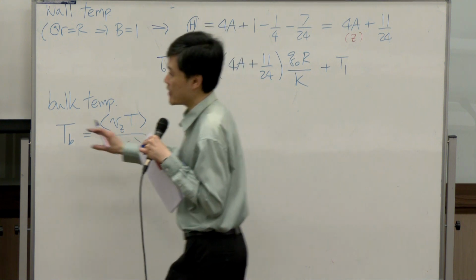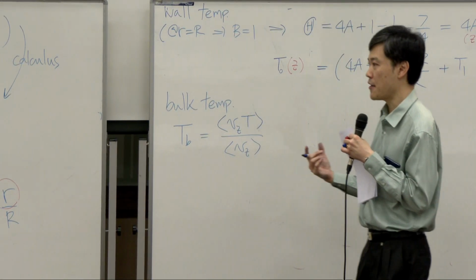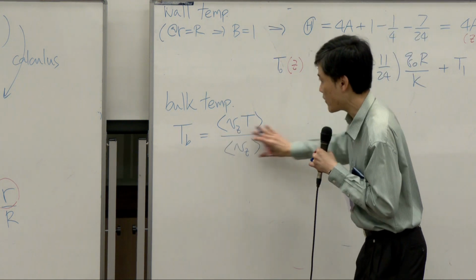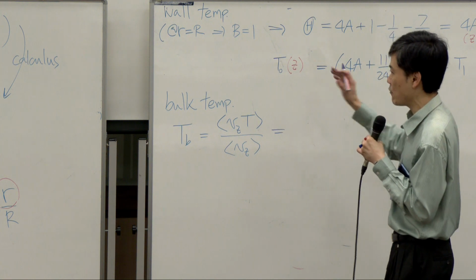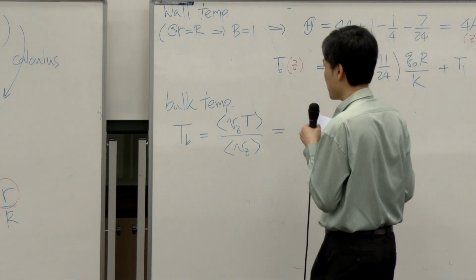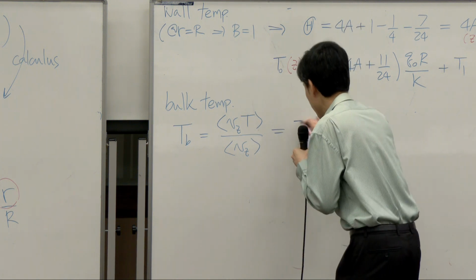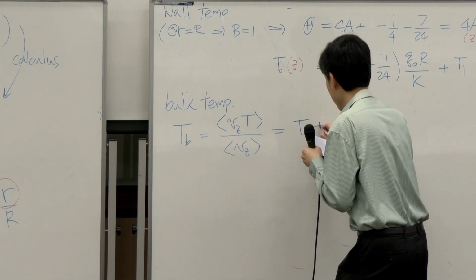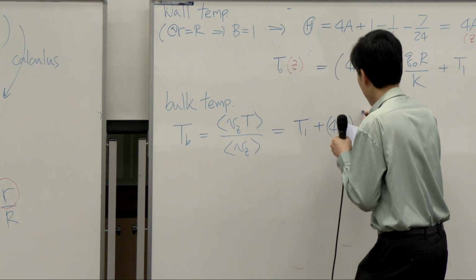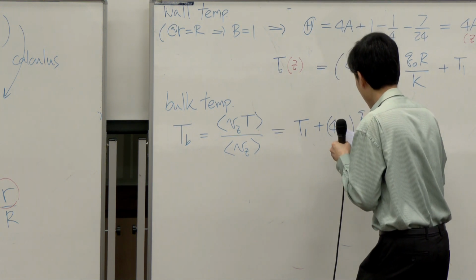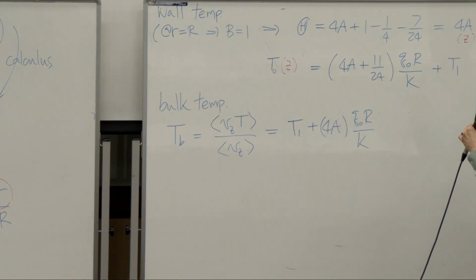Basically, you take this temperature profile, do double integration over the cross-section area, divided by average velocity, and from here to there, that's calculus again. I just want to give you the solution. That should give you T1 plus 4A times Q0 R over K. Okay?